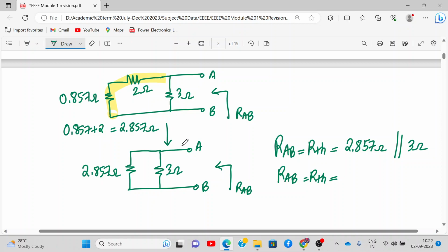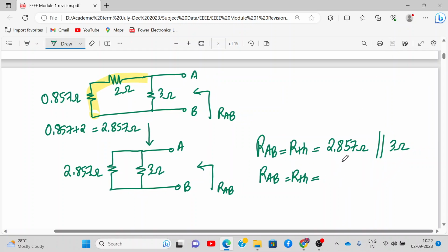Anyone know the value? You have to calculate in the calculator. Whenever there are two parallel resistances, the result will be lesser than the lowest value.